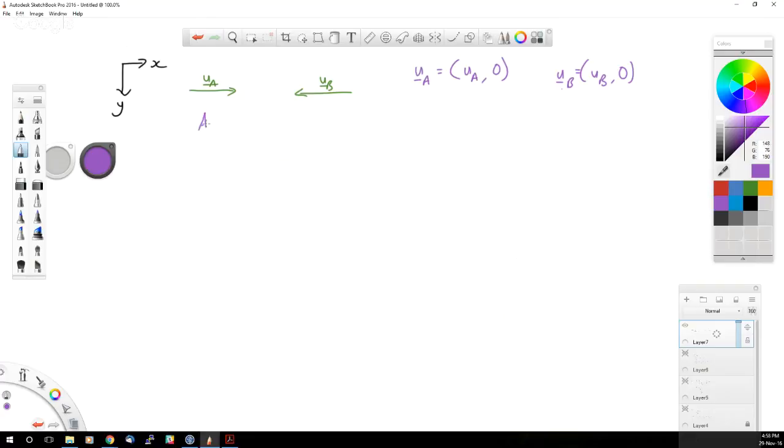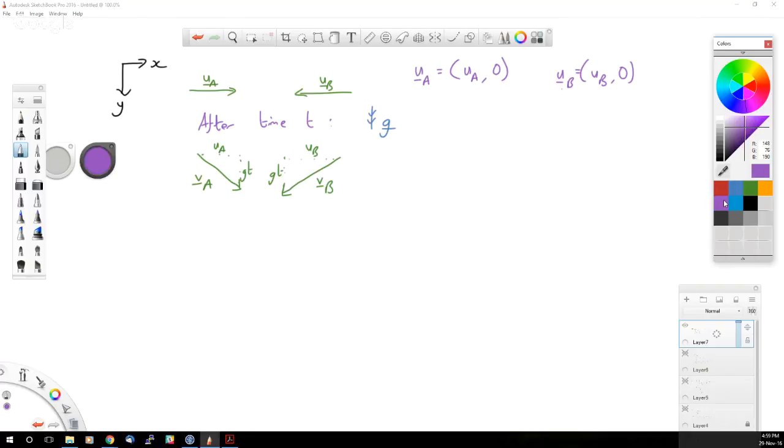And then after time t, I'm going to have my VA and my VB. The horizontal components haven't changed magnitude, but both of these vertical components are GT because there has been a constant downwards acceleration, which is in the positive direction of g.